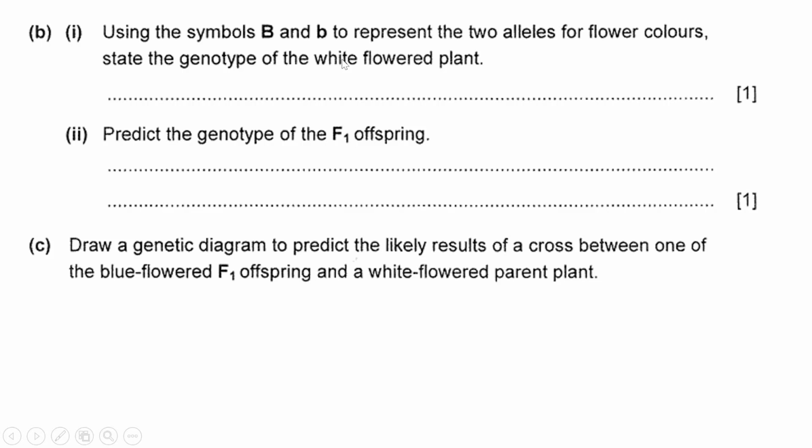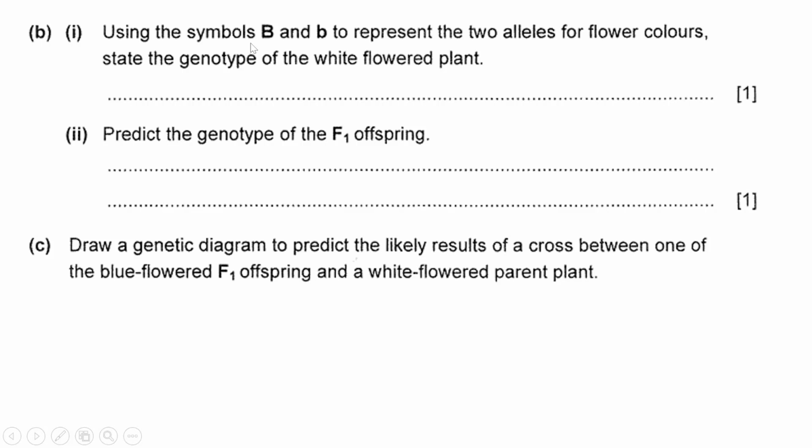Usually, when we are dealing with colors, for instance white, white should be represented by W, and then blue should be represented by B. But we have been given B capital and b small letter, meaning that these alleles were chosen arbitrarily.